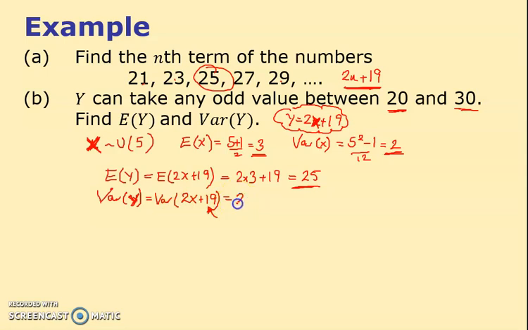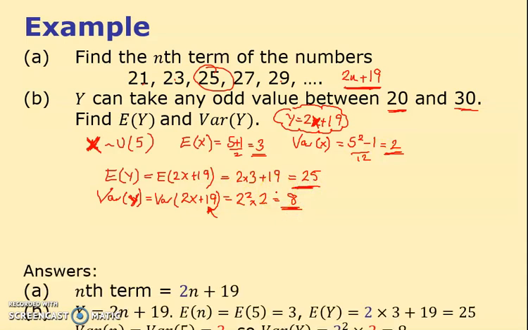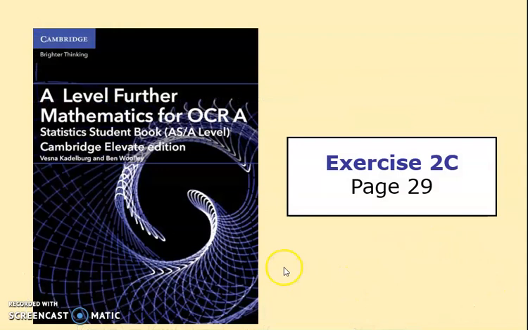And you should recall that we do 2 squared times whatever the variance of x was. What was it? It was 2. So lots of 2's flying around there, but I reckon my answer is 8. And you can't quite see it at the bottom, it's just slipped off the bottom, but it does say 8, so yes. E of y is 25 as well, and it was 2x plus 19. So that's all worked out quite nicely.